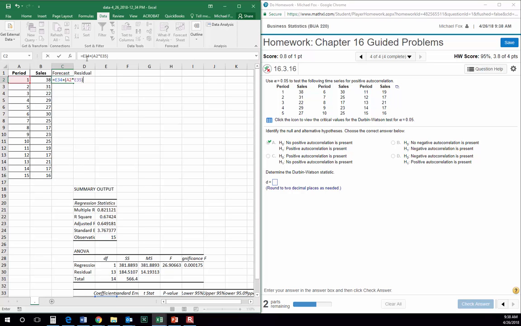And again, to make it easy for us to fill, we're going to tell Excel, stay on E34 regardless of the fact that I'm filling down, and stay on E35, but we want A2 to roll to A3, A4, etc. as we fill. There's our forecast. And then our residual is just another word for the error. Sometimes it's actually denoted with an E.